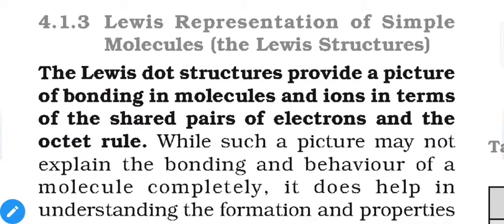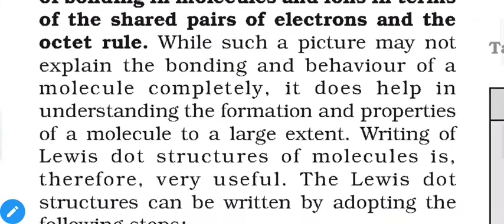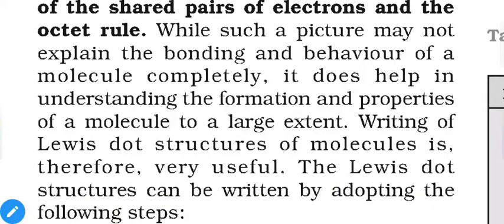While such a picture may not explain the bonding and behavior of molecules completely, it does help in understanding the formation and properties of molecules to a large extent. Writing a Lewis dot structure of a molecule is therefore very useful. A Lewis dot structure can be written by adopting the following steps.